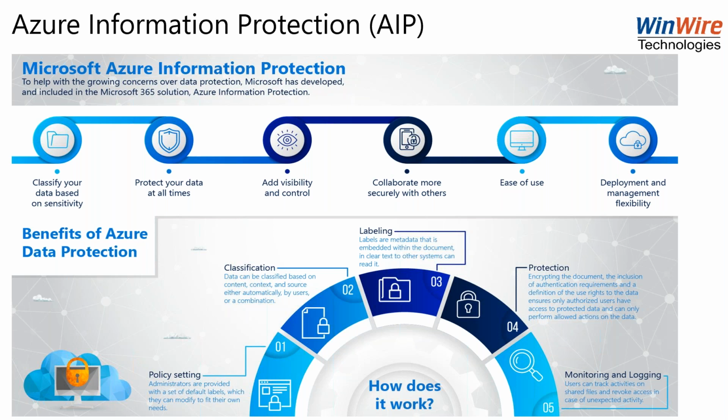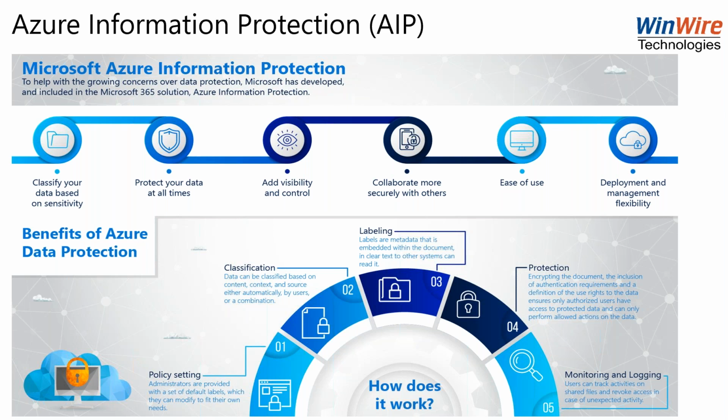Maybe you all would have heard RMS, rights management service, and IRM, information rights management. Then you would have heard about DLP, data loss prevention, and data retention policies, all of that, right? So you start protecting the information.